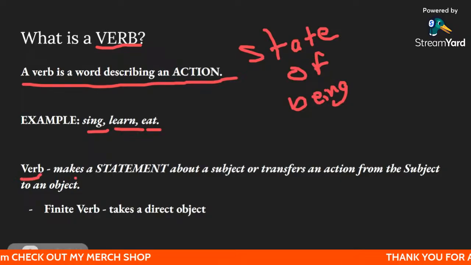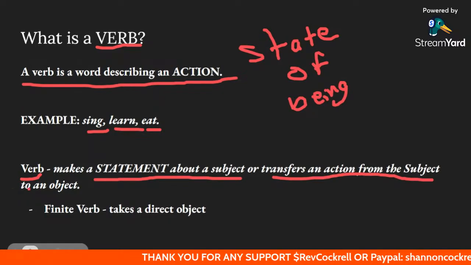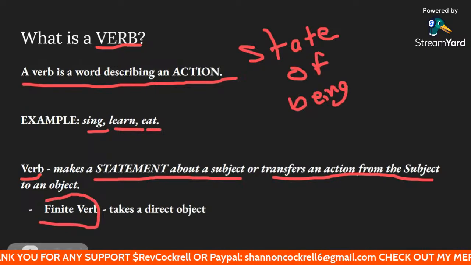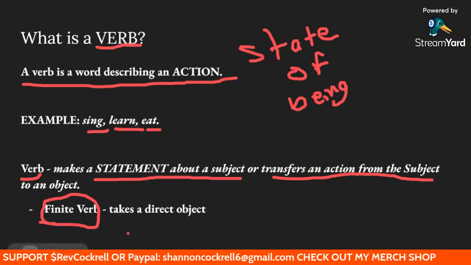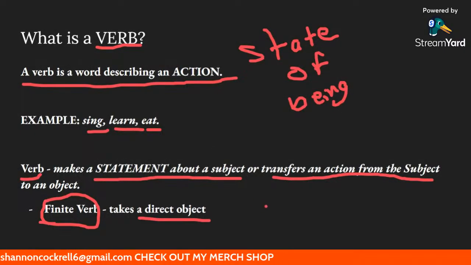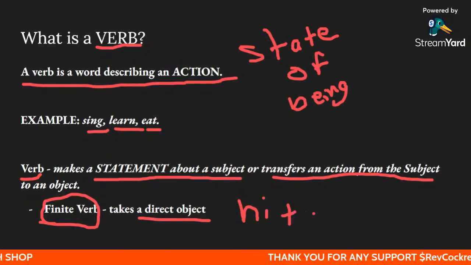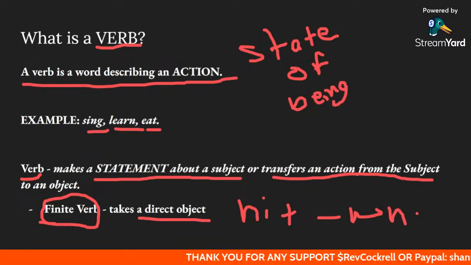A verb makes a statement about a subject or transfers an action from the subject to an object. So you're going to hear transitive verb. These are verbs that take a direct object. Like hit: John hit what?